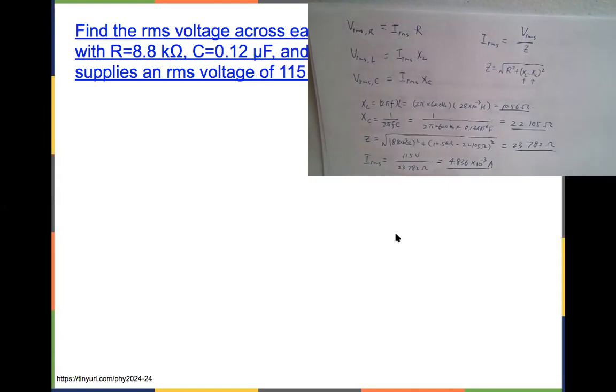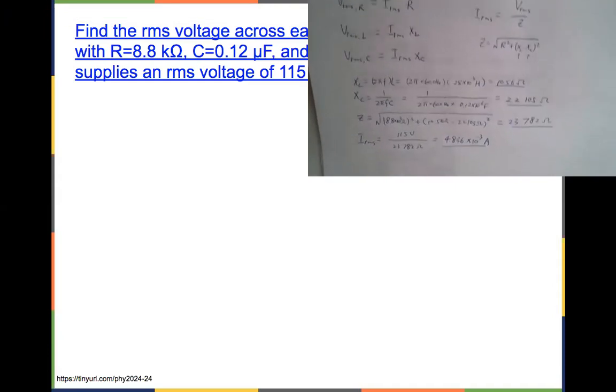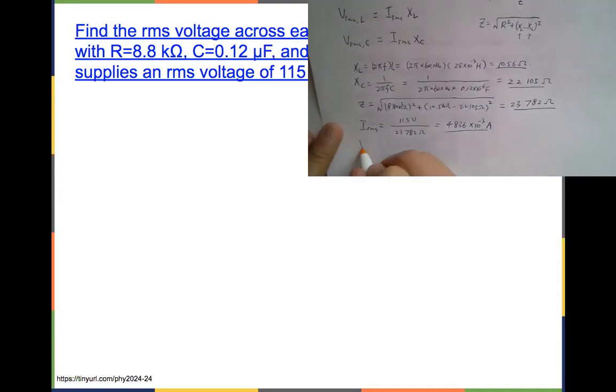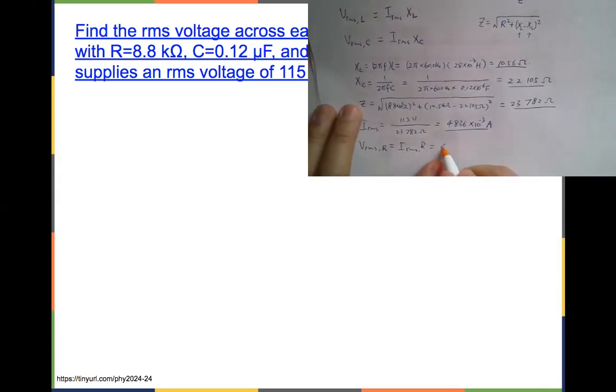All right. So then we have the I. We can calculate each of the voltages here. V_RMS on the R will be I_RMS times R. So 4.836 times 10 to the minus 3 amps times 8.8 times 10 to the 3 ohms.